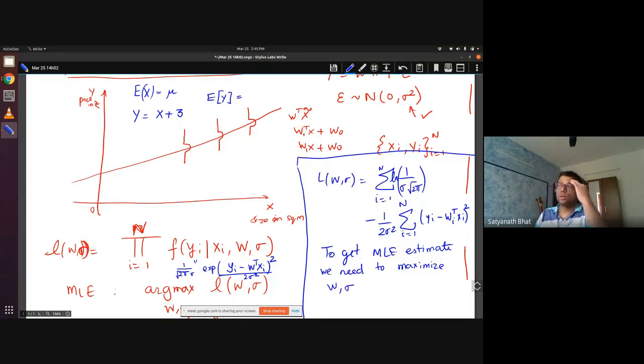Now if you think about this, suppose we don't consider sigma initially. If you just maximize over W, all these other terms are not going to matter. We are actually maximizing the negative of this, or in other words, we are minimizing this function.